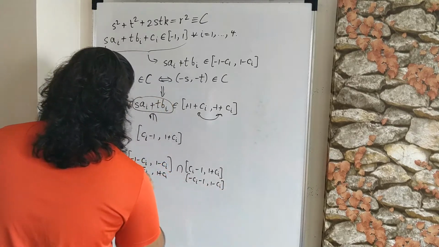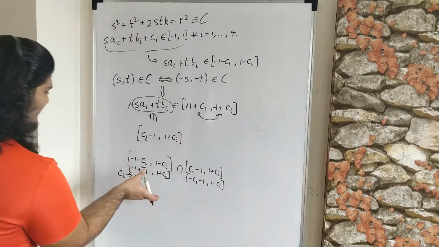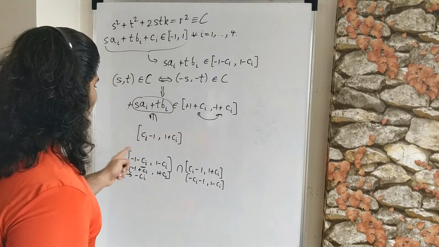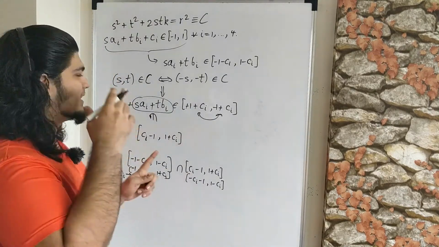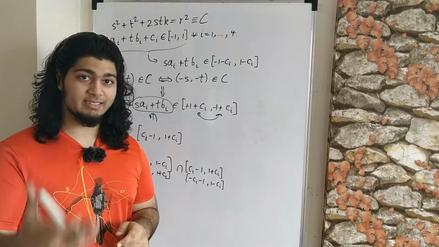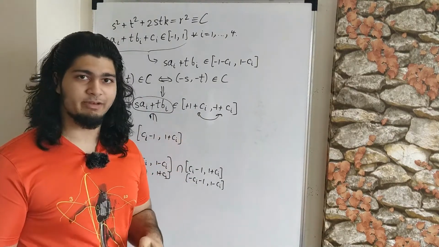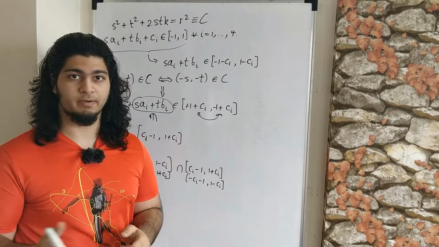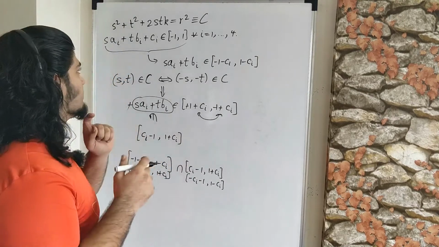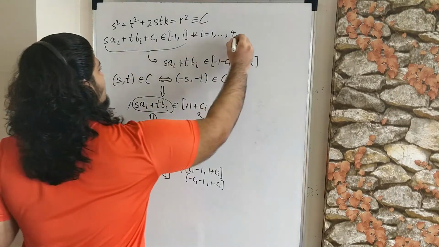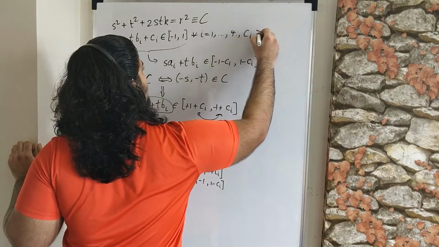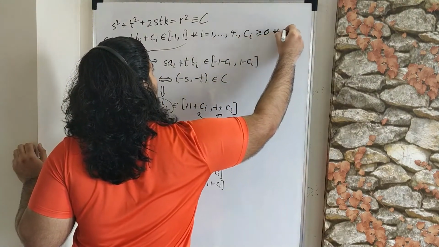So that means that these two sets just interchange their positions if you replace c_i by minus c_i. So if c_i is negative anywhere, then we can just replace it by its positive counterpart, and that won't change the question at all. So we'll assume that c_i is greater than or equal to 0 for all i.